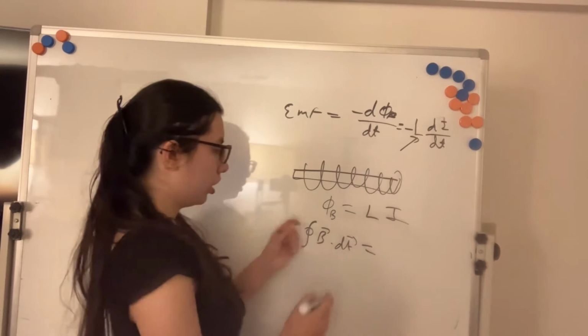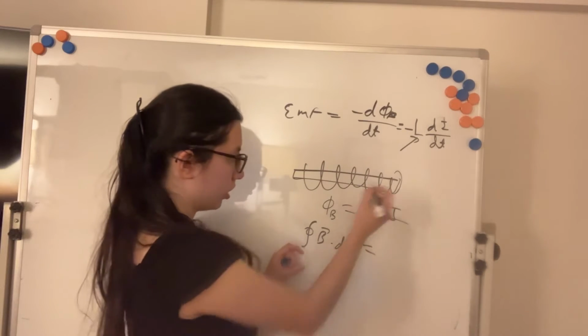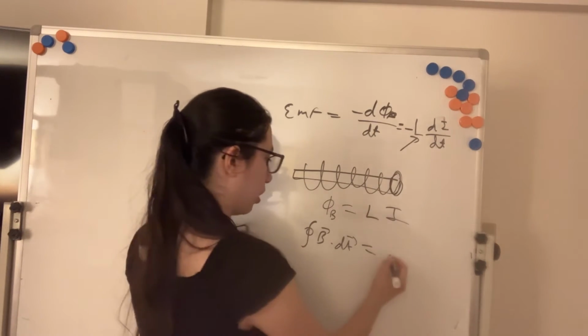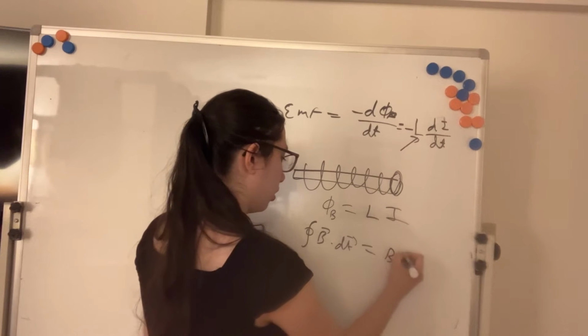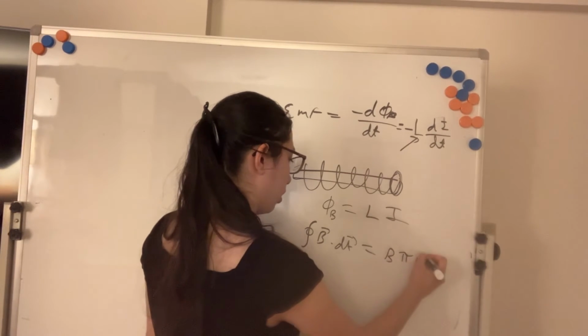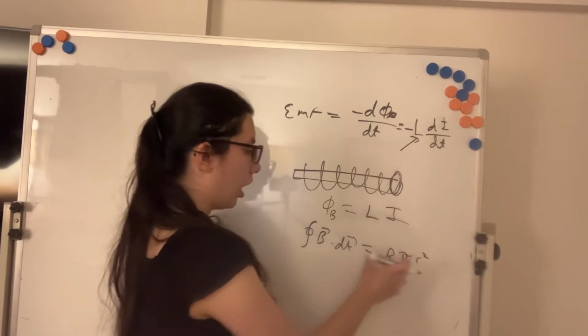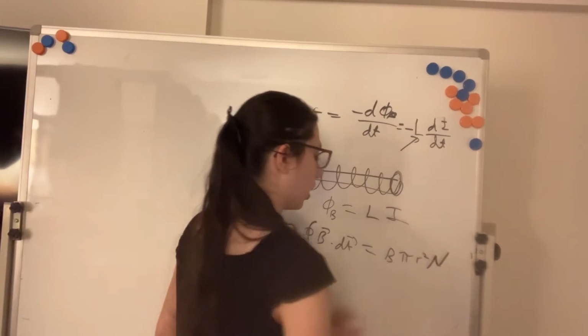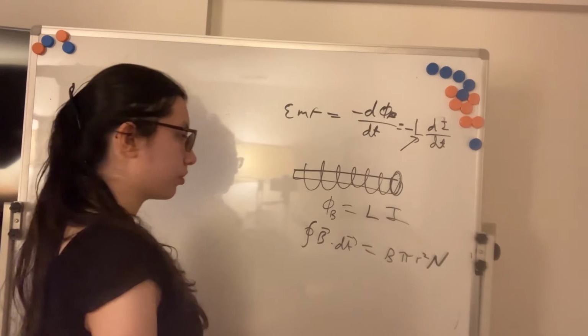So here our surface is quite of a circle, so it would be B R squared, and this times the number of coils that we have, so times N. This is the magnetic flux.